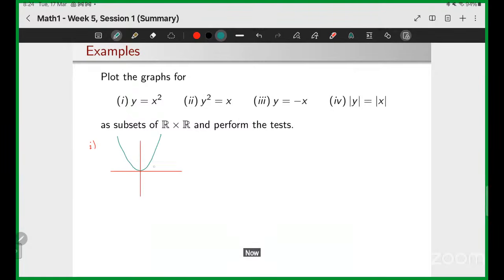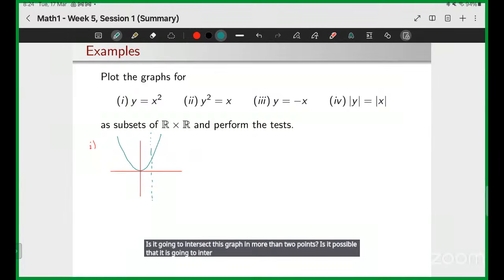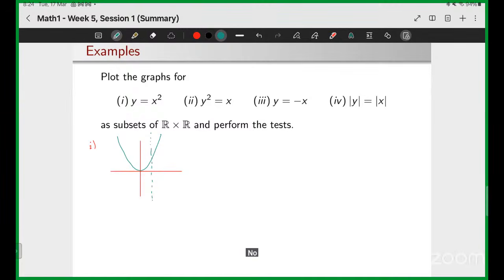Now, wherever you draw a vertical line, something of this sort, is it going to intersect this graph in two or more points? No. But what about horizontal lines?